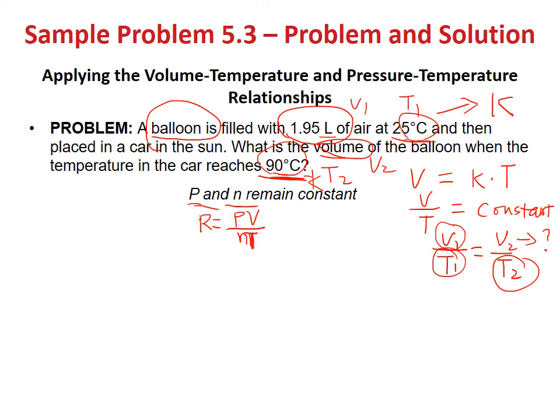For condition 1 it is P1 V1 n1 T1. For condition 2 it is P2 V2 n2 T2. Now in this case pressure is constant, so you cancel pressure. The number of moles is kept constant, and that gives you Charles's law.